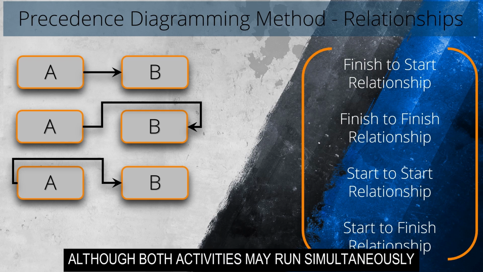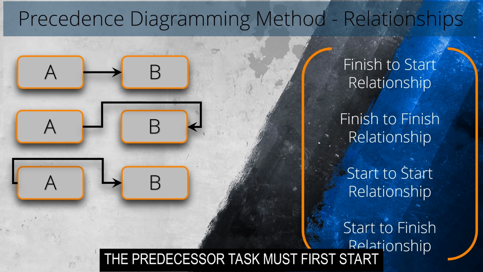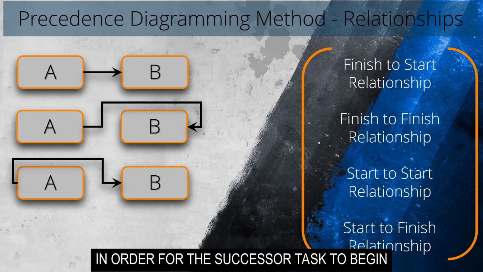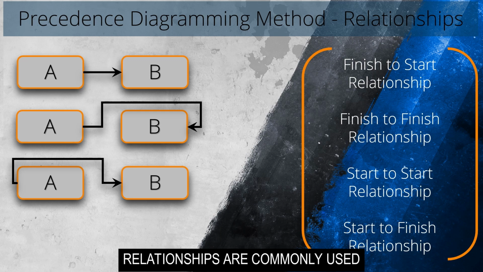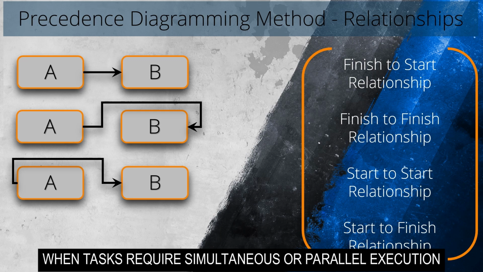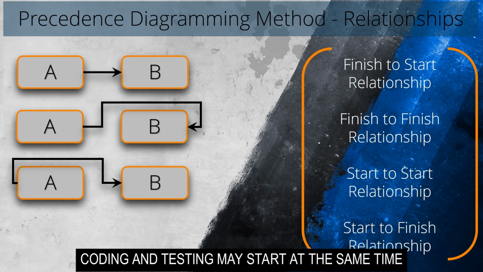Although both activities may run simultaneously, the predecessor task must first start in order for the successor task to begin. SS relationships are commonly used when tasks require simultaneous or parallel execution. For instance, in software development, coding and testing may start at the same time.